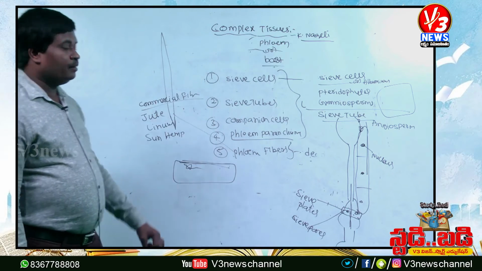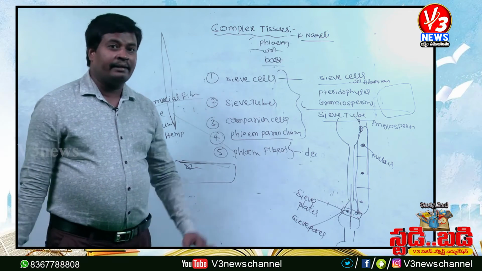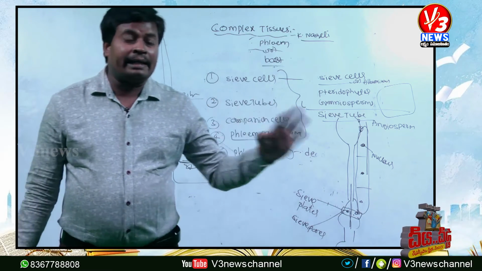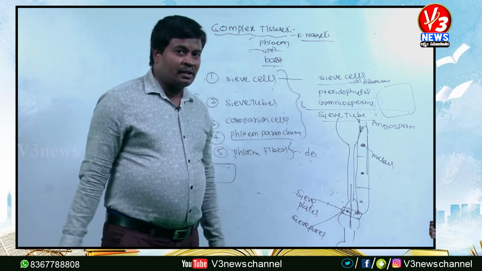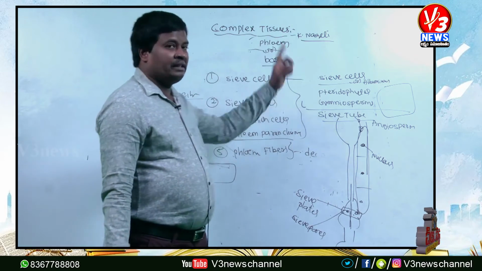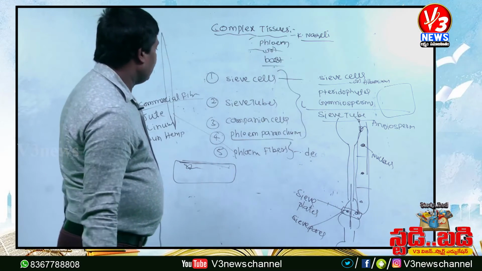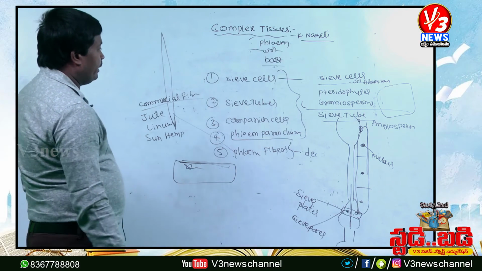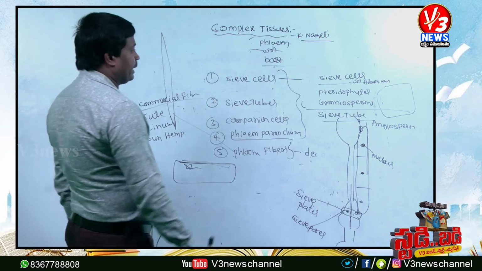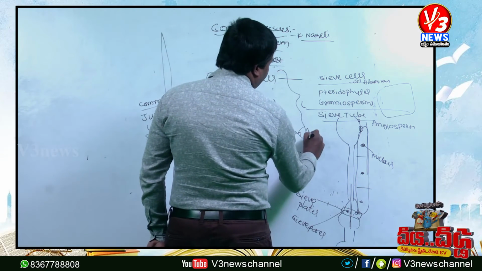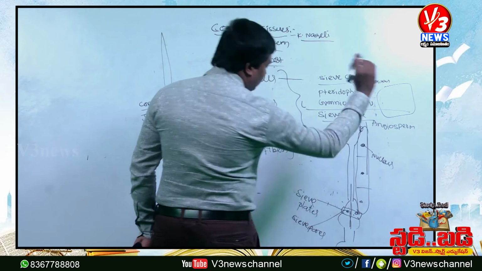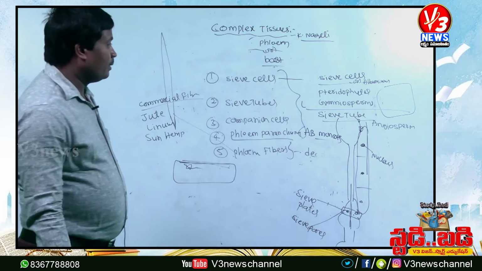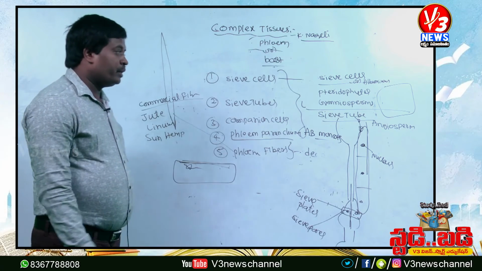In pteridophyta and gymnosperms, water conducting channels are the tracheids, and food conducting channels are the sieve cells. Very important. And phloem parenchyma is absent in monocots, monocotyledons, very important.